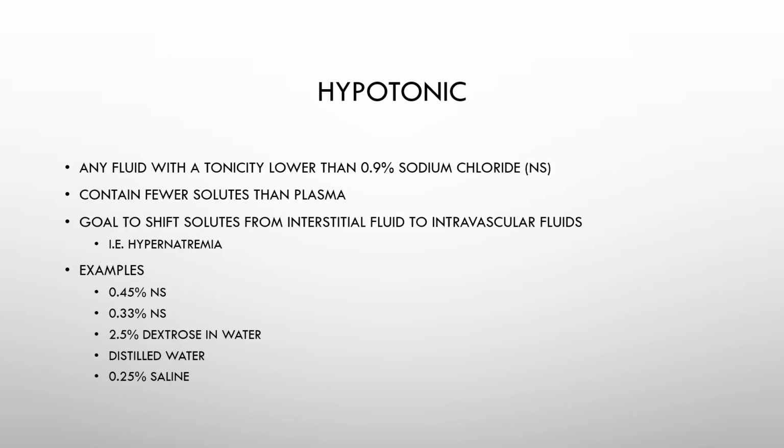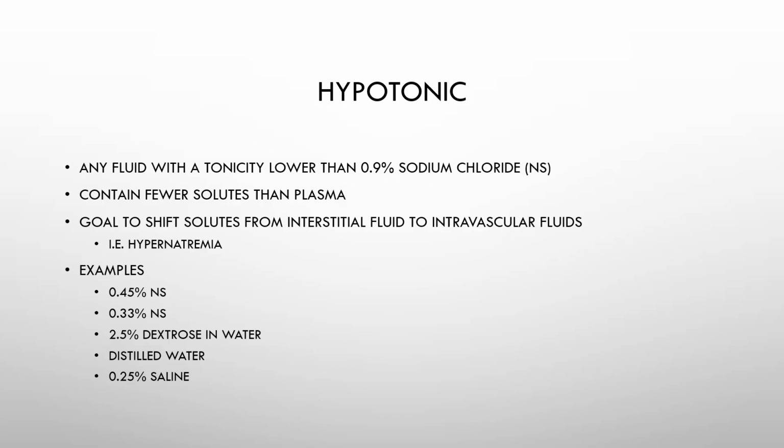So hypotonic solutions, again, osmolarity lower than normal saline, so lower than 0.9 NS. This is like our 0.45 NS, our 0.33 NS, 2.5 dextrose in water, distilled water, 0.25% normal saline, which sometimes we'll use with like little nuggets. Fewer solutes than plasma.